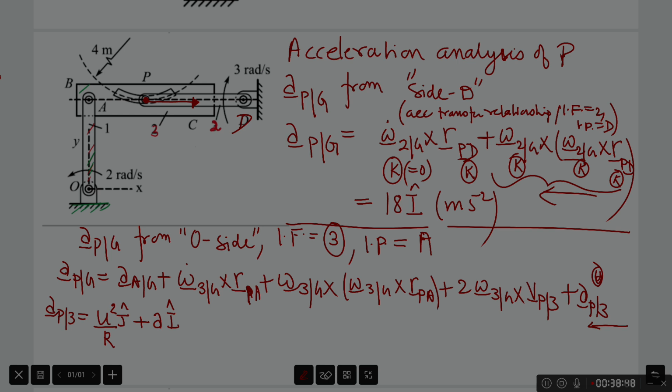As seen by this observer, P is following a circular trajectory. This trajectory is actually the trajectory of particle P as seen from this observer. And if it is a circular trajectory, we know that this particle must have two components of acceleration, one along its et and the other along its en, where et and en are the native unit vectors of the path coordinate system.